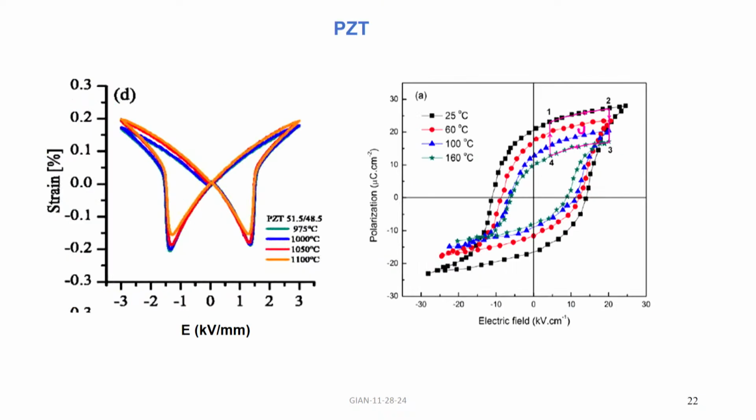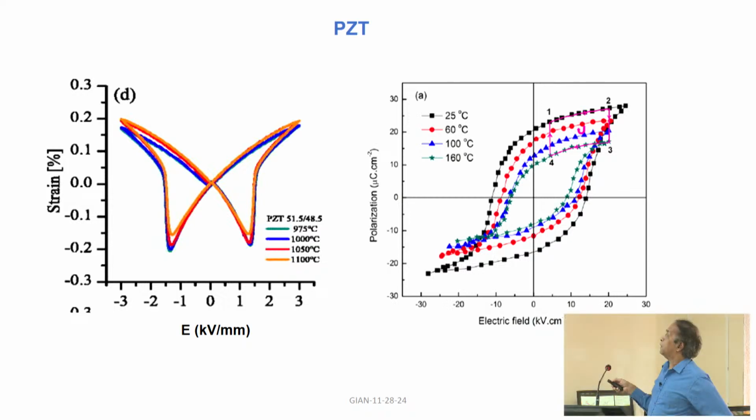And these are typical polarization versus electric field curves for PZT at a series of increasing temperatures, and this one is the saturation polarization, and what you see here is the remnant polarization, and that keeps decreasing as you increase the temperature, and it will vanish when you hit the ferroelectric Curie temperature.